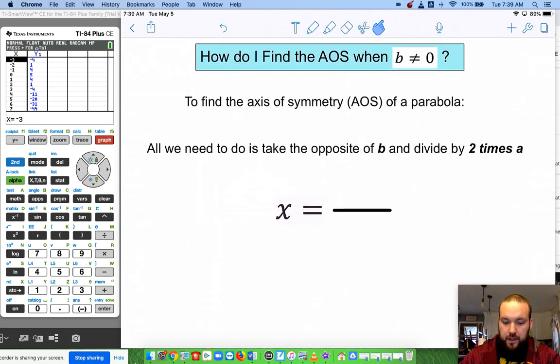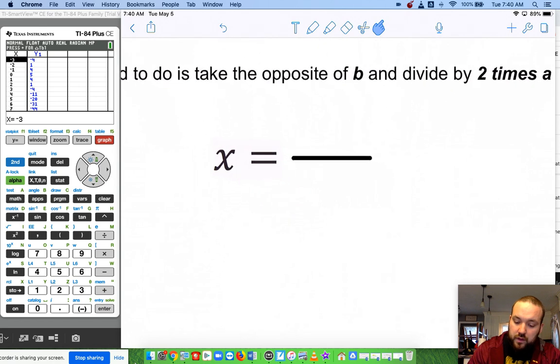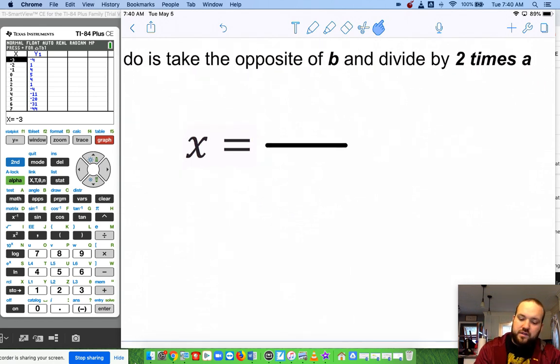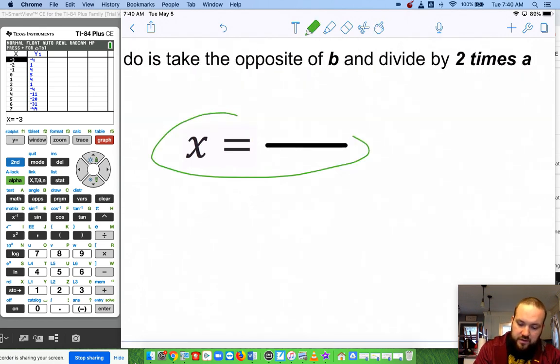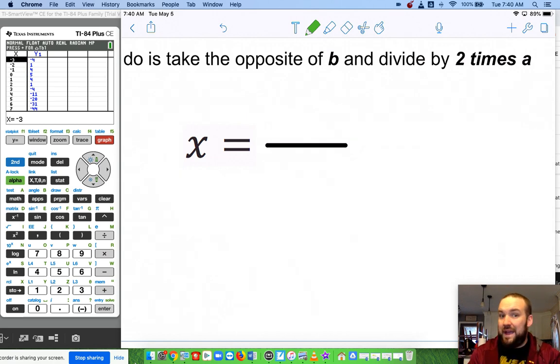So to find the axis of symmetry, to find that line that's going to cut through the middle of the graph and kind of fold it in half for us, there's a rule to find it, and it's always written as x equals, because a vertical line will always hit the x-axis, and vertical lines are just written in the form x equals.